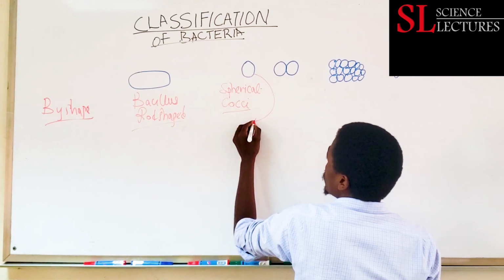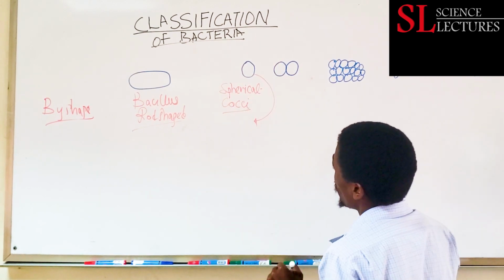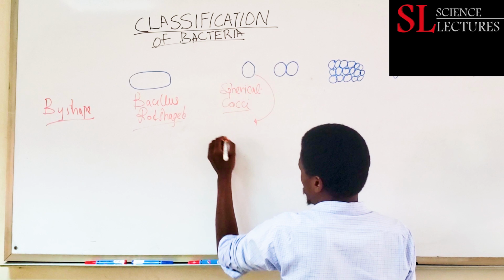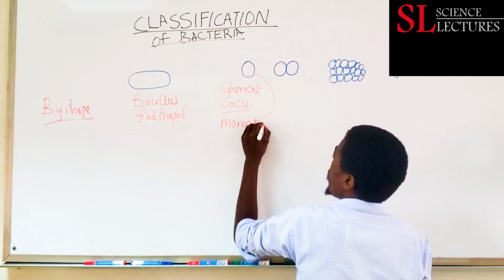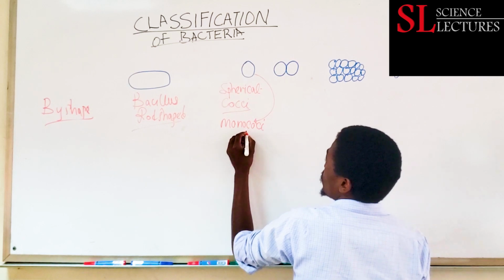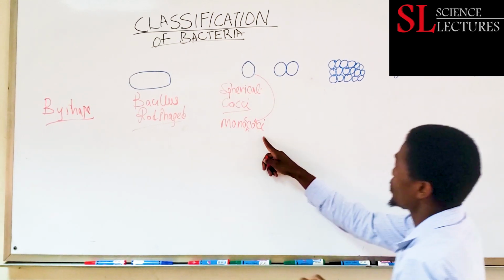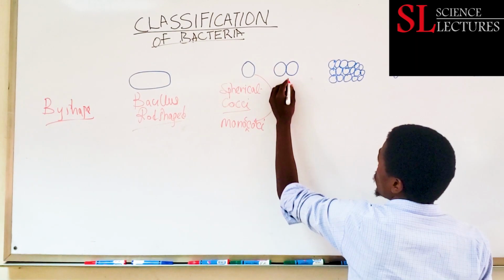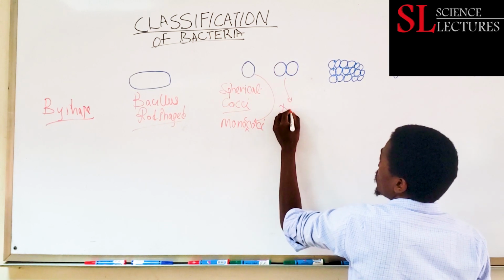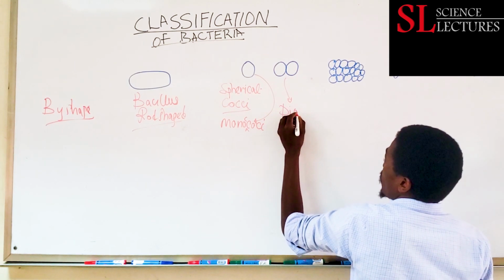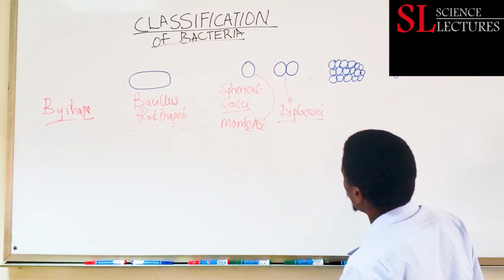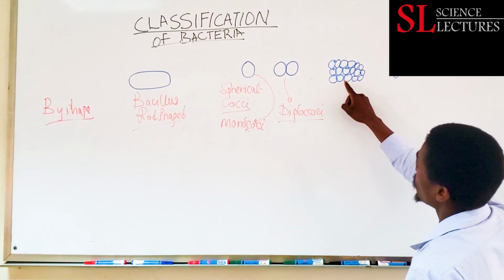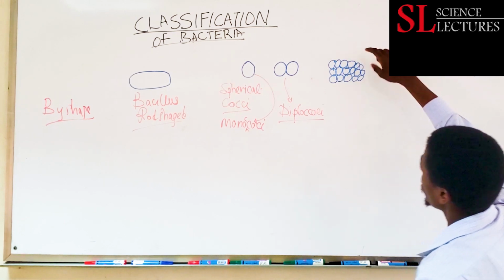If it has one sphere, one circle, we call it monococci. If it has two, we refer to it as diplococci, or diplococcus.